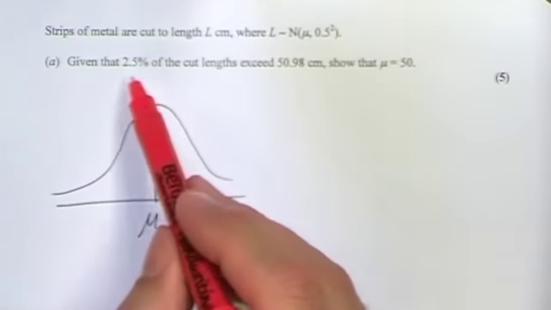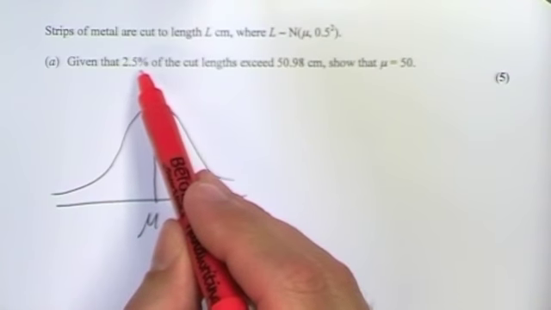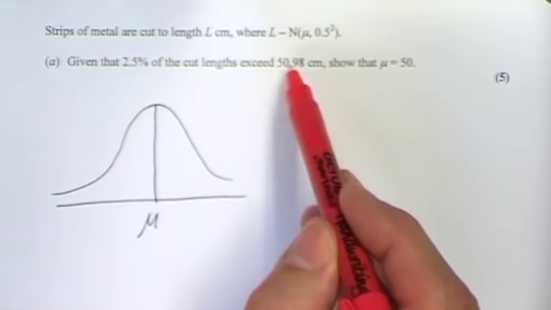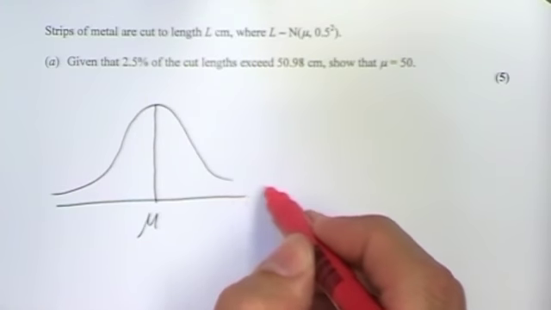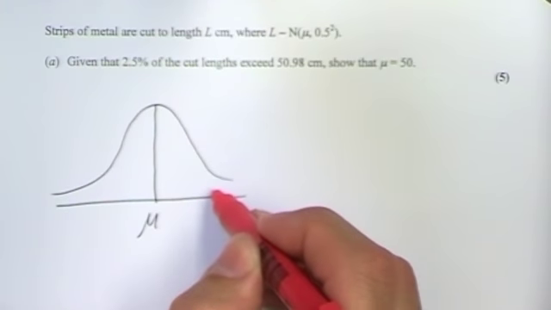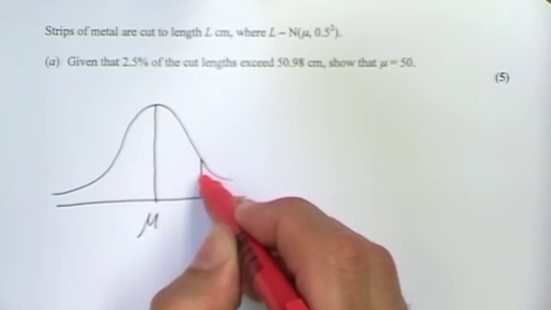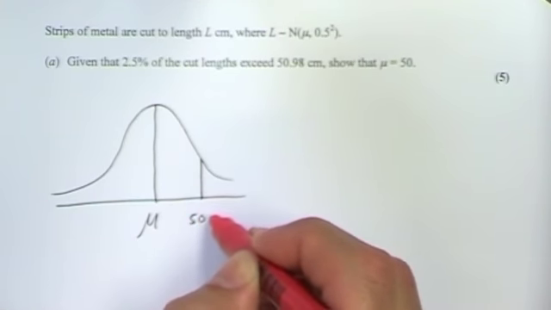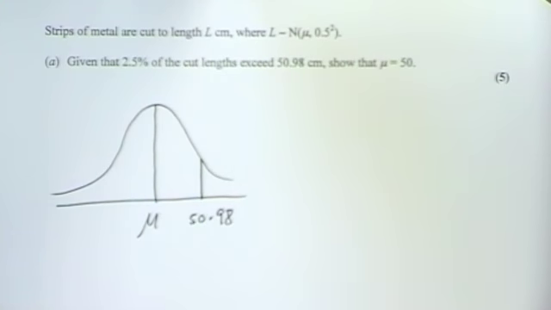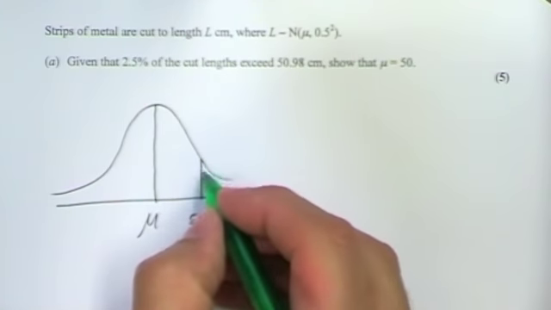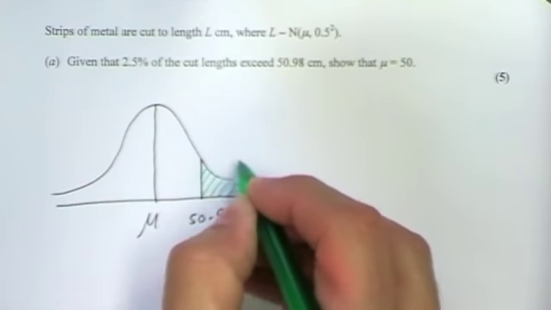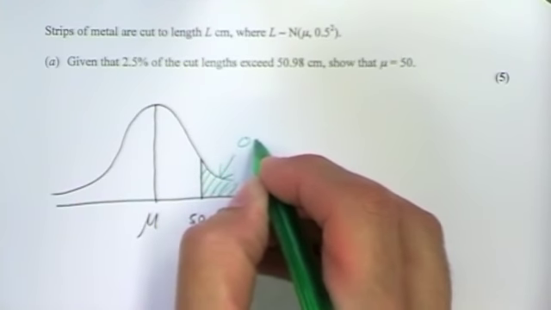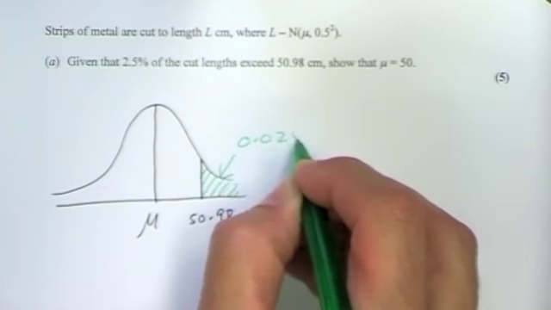But it says, given that 2.5%, that's a very small, much less than half of the cuts exceed 50.98, so it's exceed, so it's coming from this way, a very small amount. Yeah, 2.5%, so that's the one, and that must be 50.98. And the region that we're actually told is that region there. So that region there was 0.025.